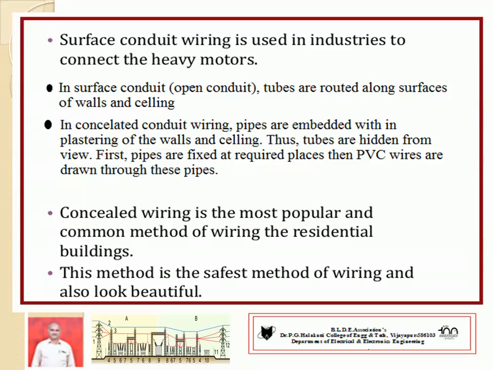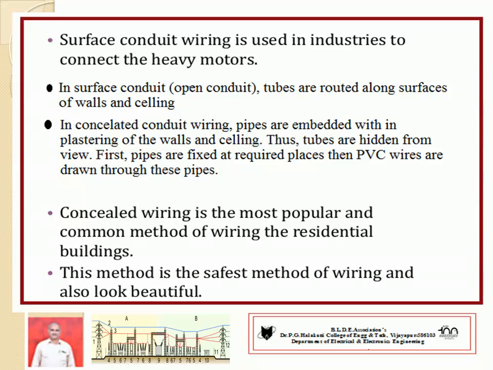These pipe structures are fixed before the plastering. Then wire can be drawn as per your diagram and the requirement of the loads. This type of wiring is completely hidden from viewers. It is inside the walls, completely hidden. We can't view where the wiring is.